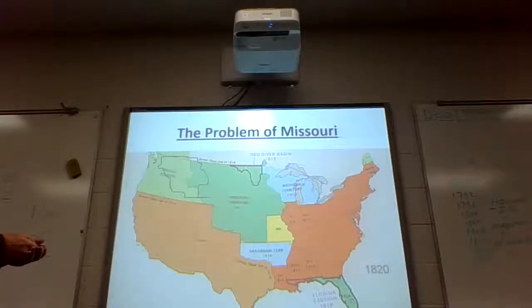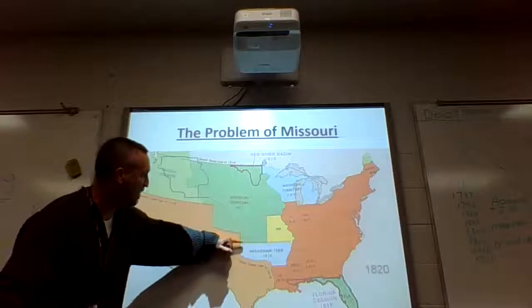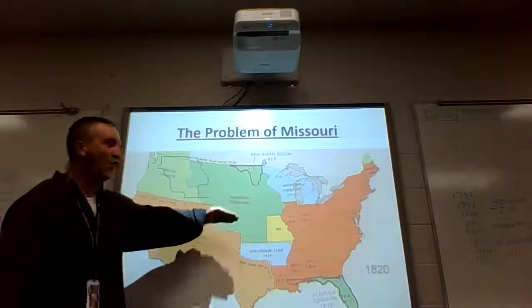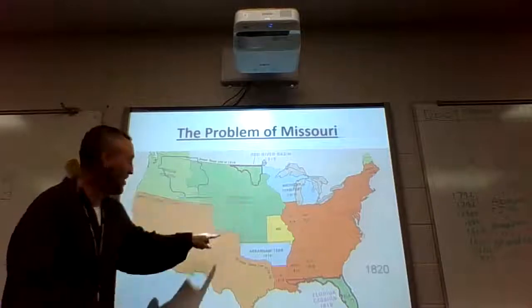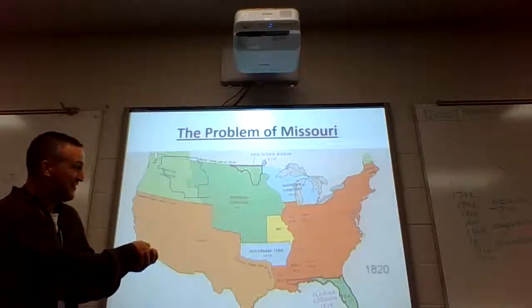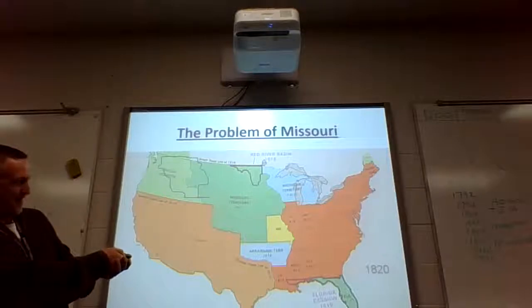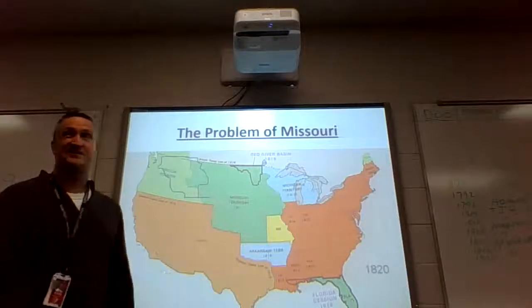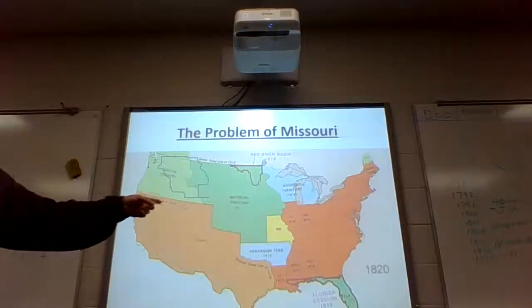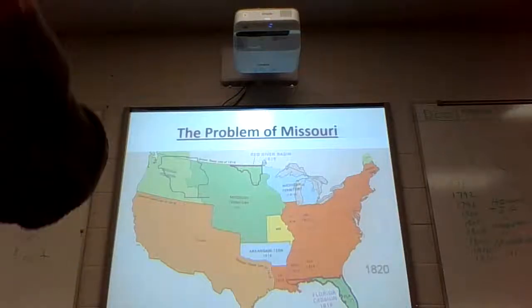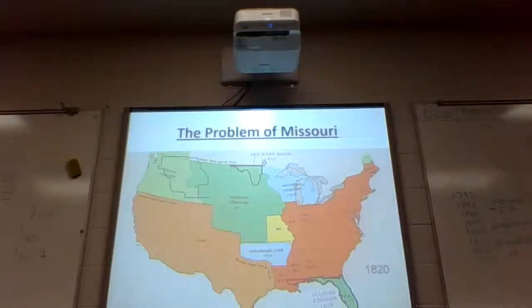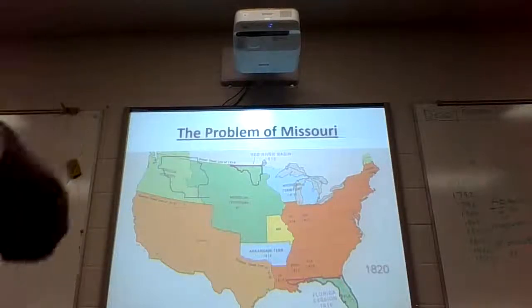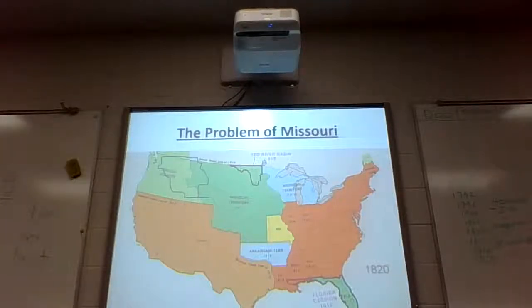So this line carved into what would eventually become, God bless Texas, that little rectangle north of the line. No slavery would be allowed in it, and so Texas said, we don't want it then. Give it to Arkansas or Oklahoma. The reason Oklahoma has the panhandle was because of the Missouri Compromise. Now you know.